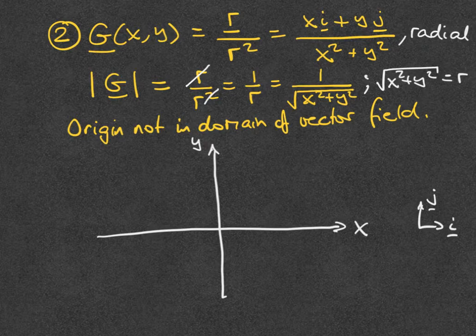Now, as you go close to the origin, the arrows are all going to be pointing away from the origin, but they're going to be extremely long. And as you go further away, on any given circle, the vector field has the same magnitude for that particular circle and is always pointing straight away from the origin.